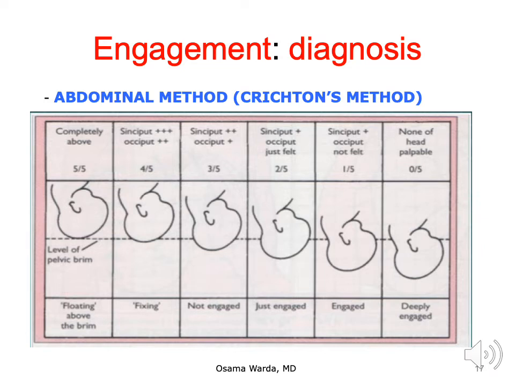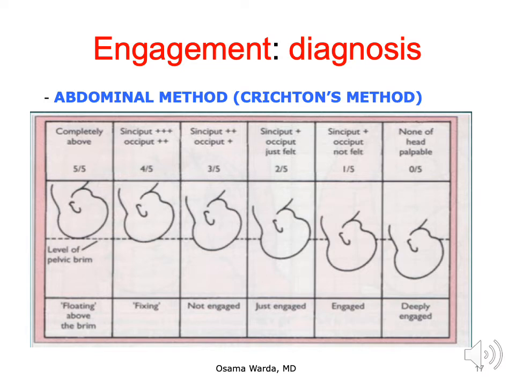Accordingly, the head may be floating above the brim if the whole head is felt easily by abdominal examination. If only 4/5 of the fetal head can be felt by abdominal examination, it is fixing. If only 3/5, it is not engaged.